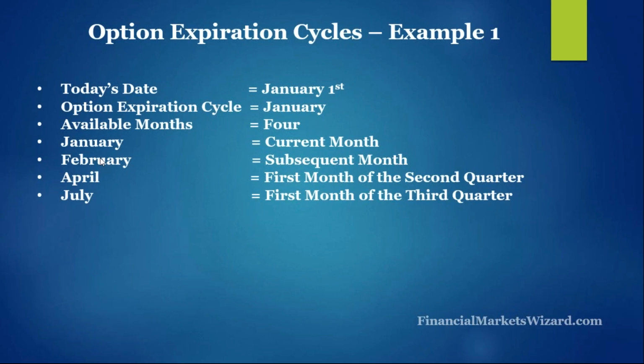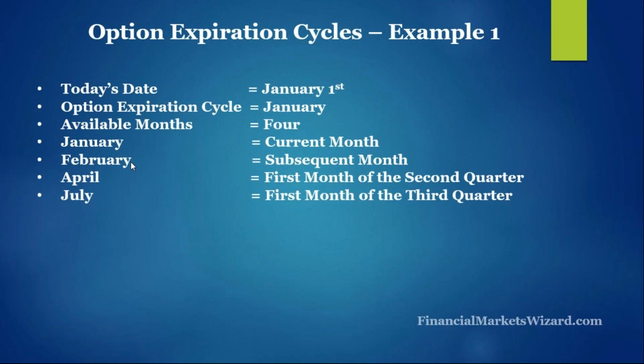So anytime you are trading in January, you should see the January option and the subsequent month. These 2 months are given all the time, the current month and the next month. As soon as the current month expires, another month is added. I will show you the example. So January and February you will see in the month of January. This is clear.